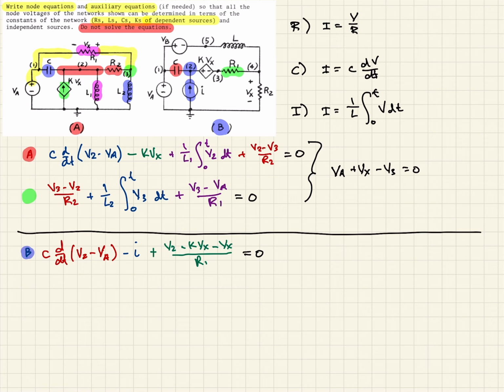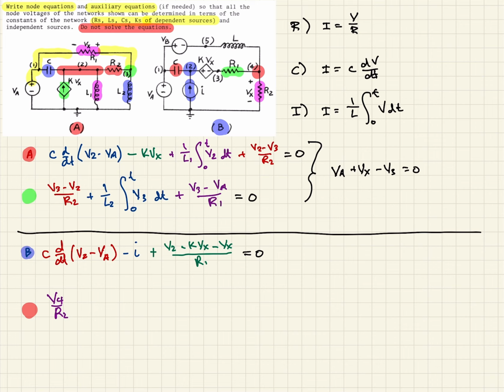Next, we want to look at node 4, which we'll put right here. As we go around that one, the first thing we see is this R2, and that's a simple Ohm's law, so that's just going to be V4 over R2.